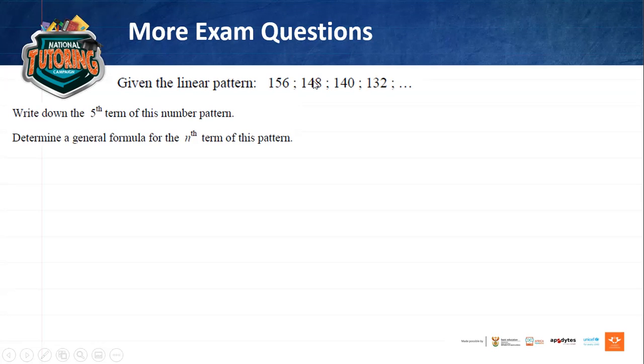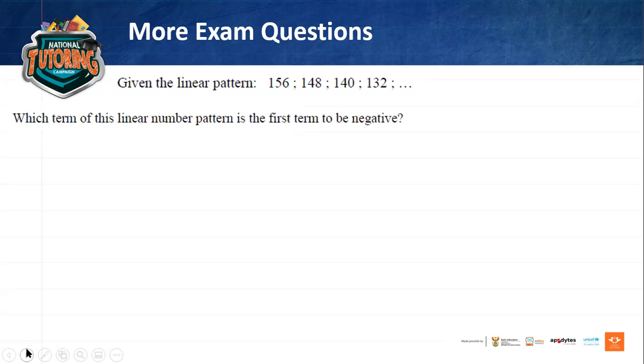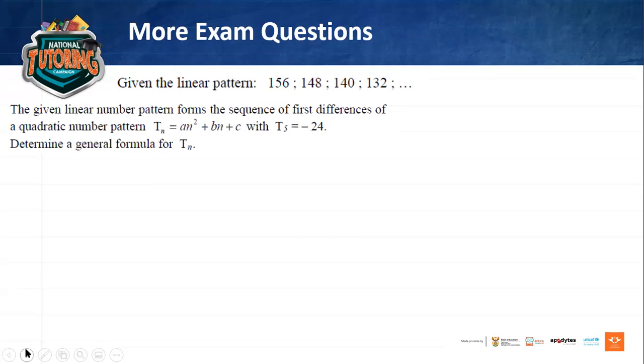So we would write out our difference table and then just follow on, give the next term in the pattern, and we could determine a general formula, which we have done previously. Okay, so this is just another example of how we could ask a linear number pattern question. Which term of this linear number pattern is the first term to be negative? That's very similar to the previous one I've just done.